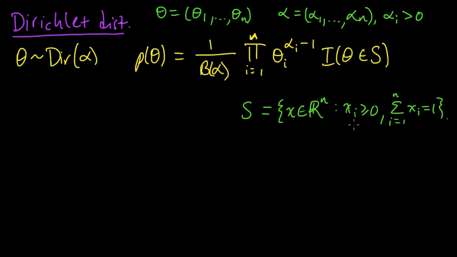These are just the conditions for a probability mass function: some numbers that are non-negative and they sum to 1. So this is called the probability simplex. And so the Dirichlet distribution is a distribution which has the support, to be precise the closure of where it's non-zero, on the probability simplex.